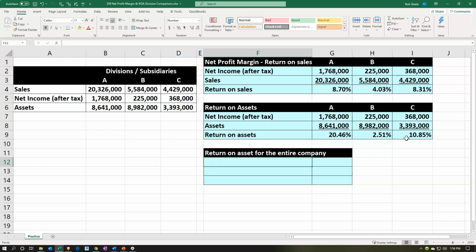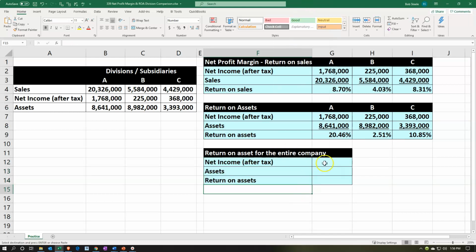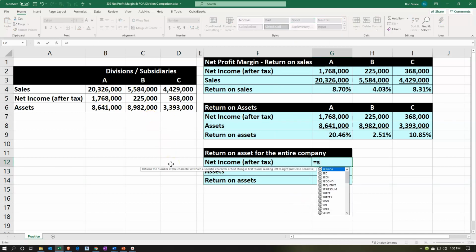If we look at the company total then, and we look at the return on assets in terms of total, we can compare the divisions compared to the total. So I'm going to paste this like that. So we've got the net income compared to the assets. We can say, okay, let's take the total. I can sum these up. I'll do it this way. Equals the sum of the net income for the three divisions, assuming that's the total company.